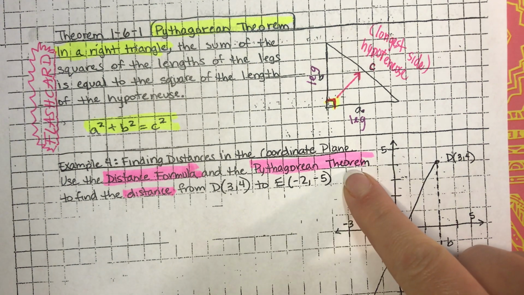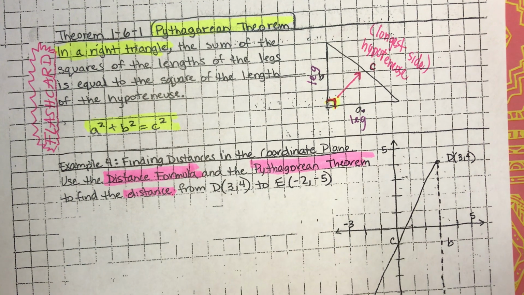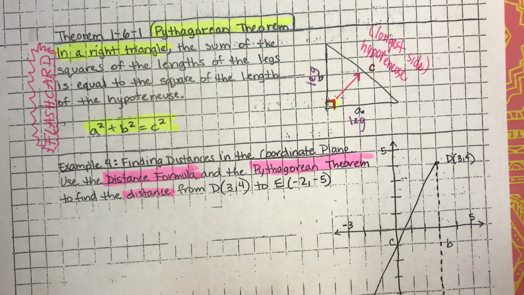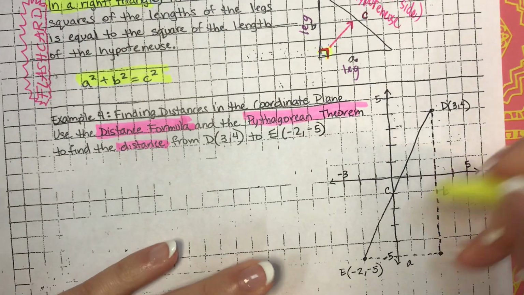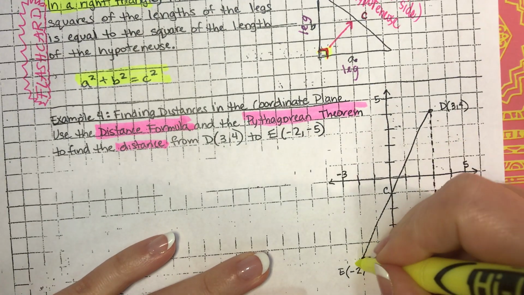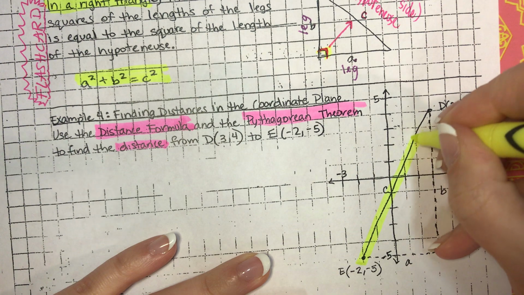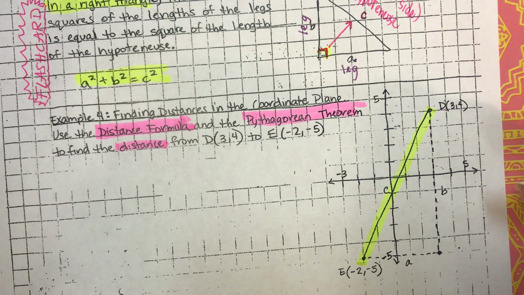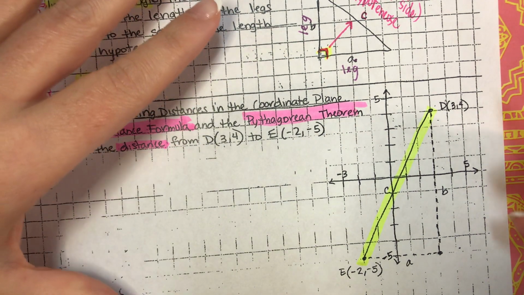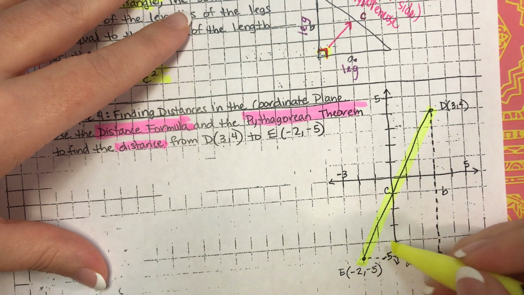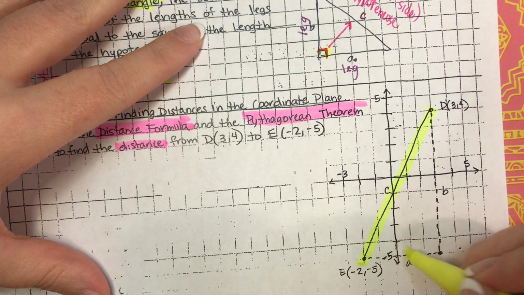So what we're going to do when we use the Pythagorean theorem is we have our line segment right here. And this is what you have to do. On your problem, you're only going to have these points, you plot them, and you are going to have this there. We don't have a triangle there. You have to make the triangle. So how you make the triangle is you take this point and then you go directly across.